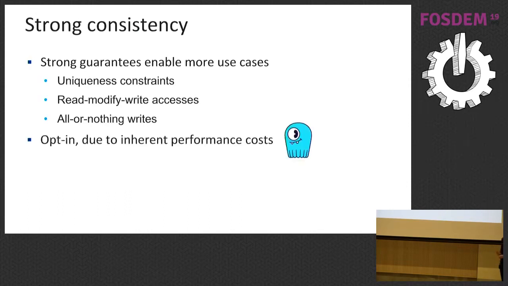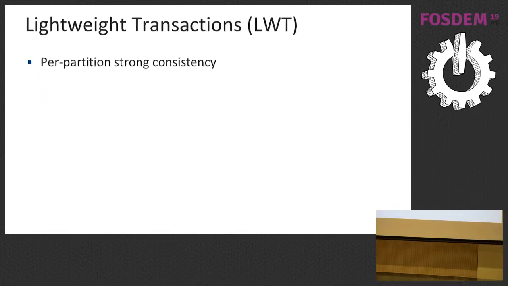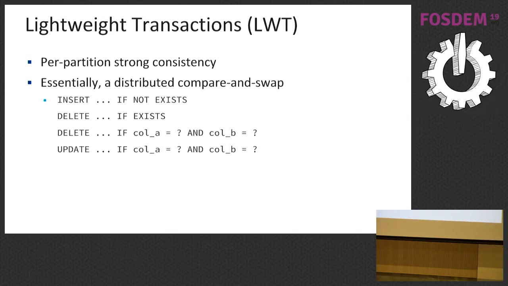Of course, we want these stronger consistency operations to be opt-in. We don't want you to have to pay for what you don't use. So Cassandra exposes this feature as lightweight transactions, which provides strong consistency per partition, so per key. It is essentially a distributed compare and swap. So you specify the new value, and you specify what has to be there for the new write to apply.